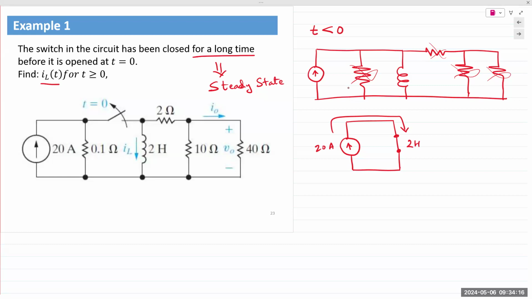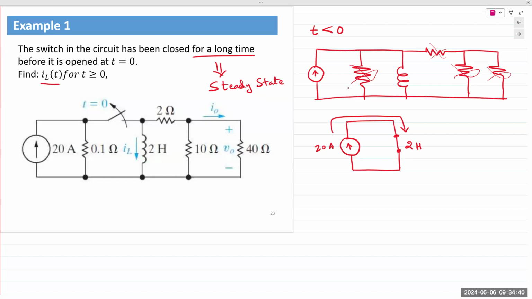Now, all right, let's take a pause. Let me know if you have any questions. Yes. It's just 2 Henry, a 2 Henry inductor. It's the value of the inductor.